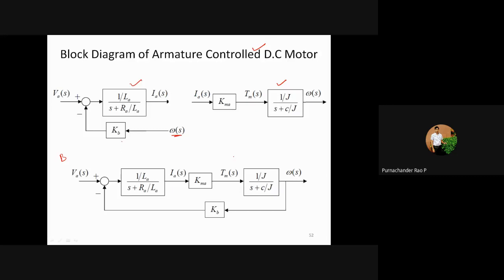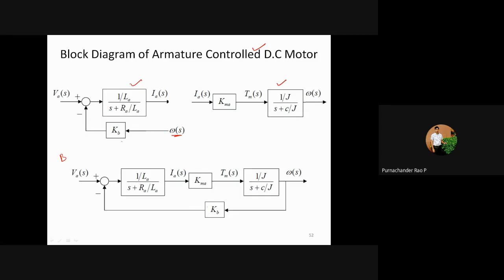Similarly, you can represent the field controlled DC motor block diagram, where you will get only VF of S. There is no back closed path here.